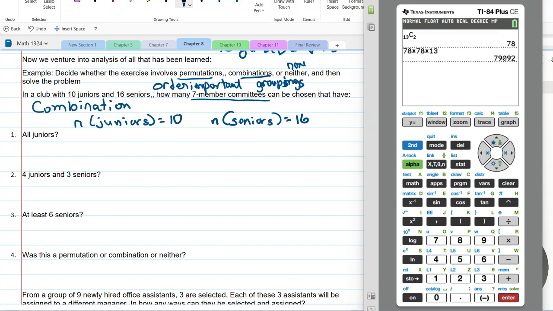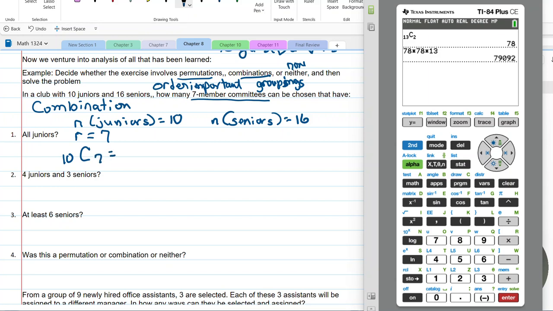Remember, the R is 7, because that is how many they want, a 7-member committee, and it is groupings. So all juniors would be 10 choose 7.